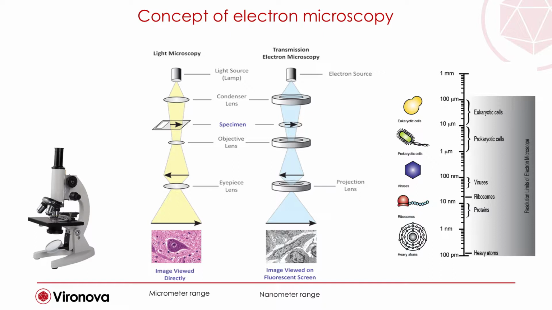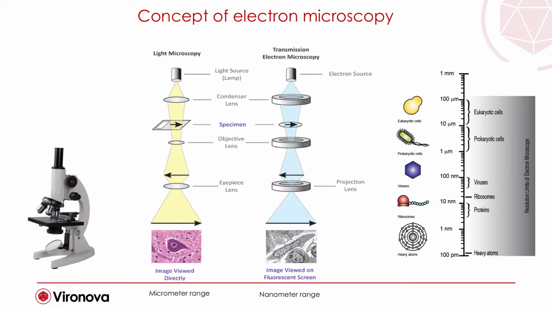And in both cases, the beam is going through a set of lenses. So in the case of light microscopy, it's going through a set of optical lenses, while in electron microscopy, it goes through magnets, basically, which will focus and condense the beam. And then through this set of lenses, it will go through the specimen and get a magnified image.